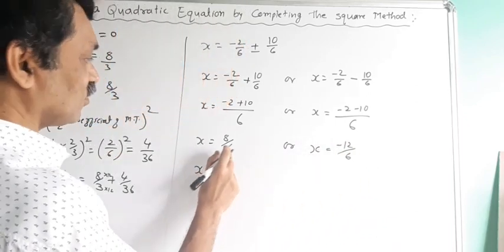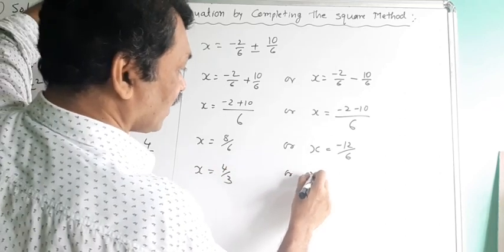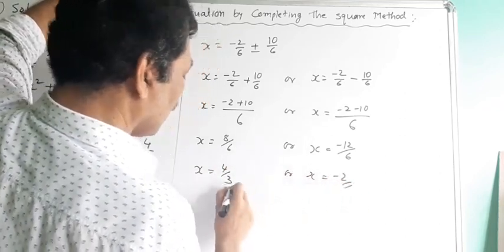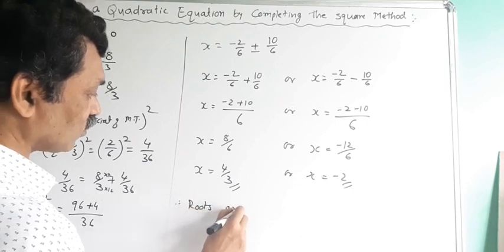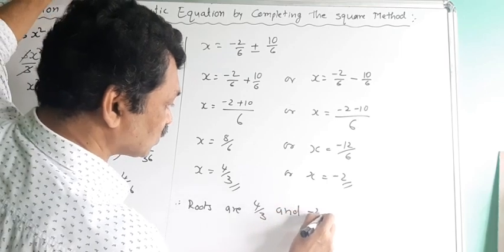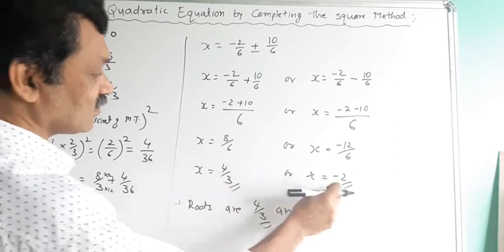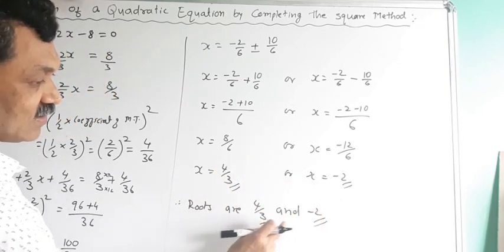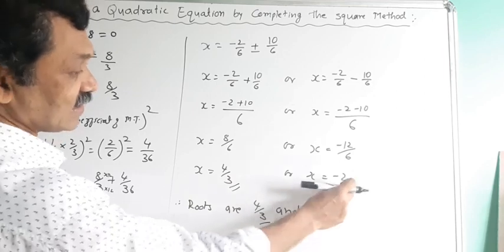Therefore x is equal to, dividing by 2, 4 upon 3, or x is equal to minus 2, and therefore the roots are 4 upon 3 and minus 2. You must have seen here we write values of x as this or this, but whenever you are writing answers, we write it as 'and': first root and the second root.